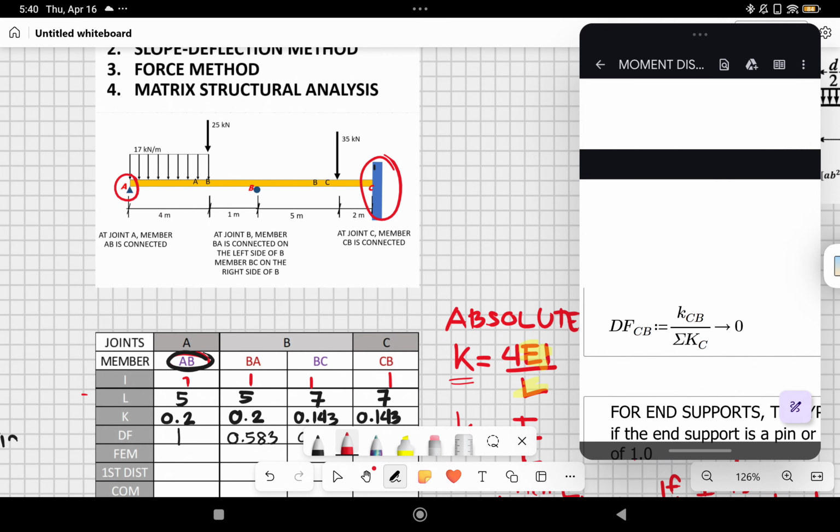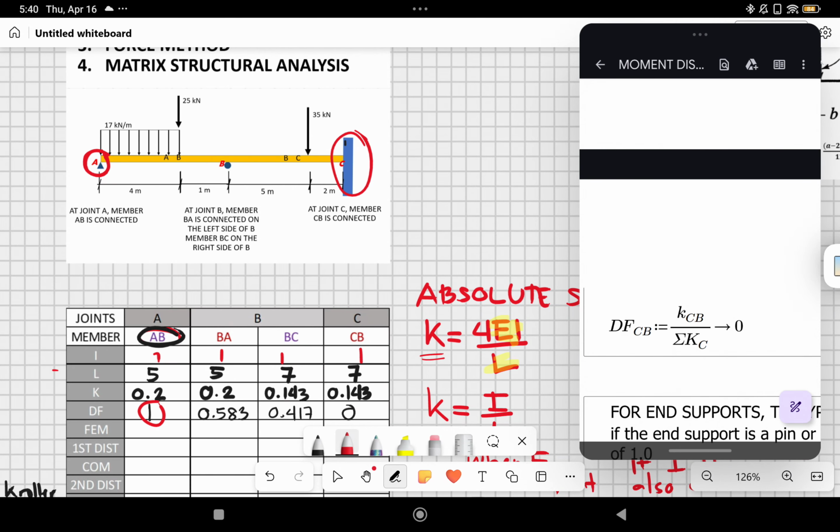If your type of support is a pin or a roller, you assign the member connected with that joint a distribution factor of 1. If it is fixed, you give it a value of 0. That is automatically what you will compute, if you want to bypass the computation.